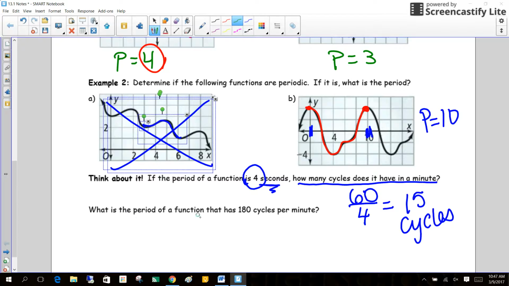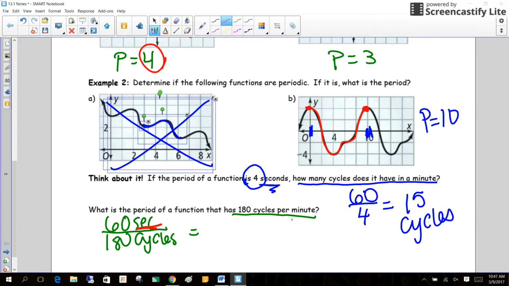What is the period of a function that has 180 cycles in 1 minute? So this is a little bit different. I know that, again, there are 60 seconds in 1 minute. I know that there's 180 cycles. The reason I write it like this, notice my units, seconds per cycle.